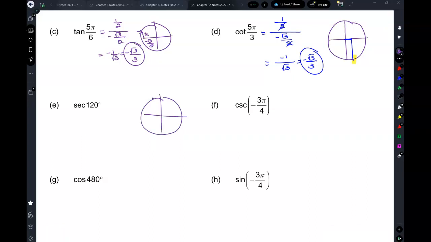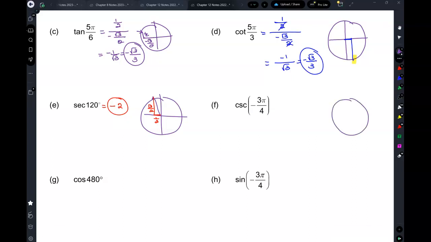Okay, so now secant is the reciprocal of the cosine. So how much would the cosine be here? Negative 1/2, right? So to get to that point, I go over 1/2 and up root 3 over 2. So this would be negative 2.